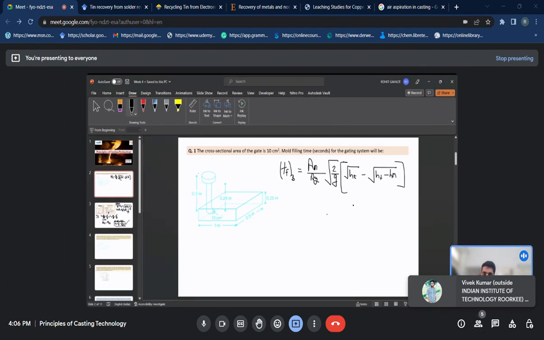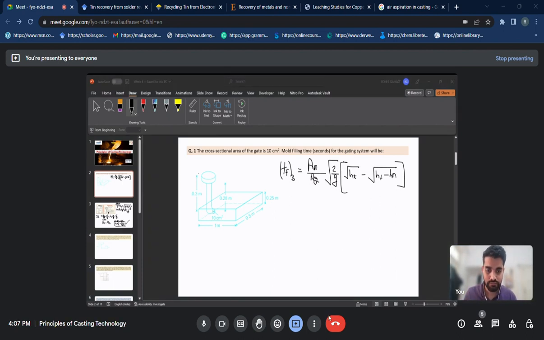Hello, sir. Yes, sir. Previously, it was area of casting divided by area of gate into 1 by root 2g. Now you are saying it is root 2 by g.